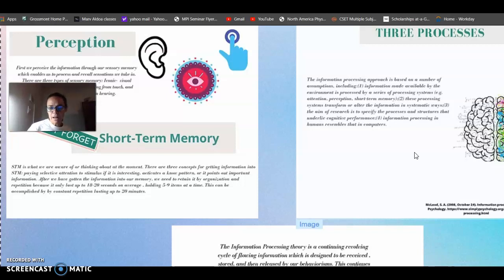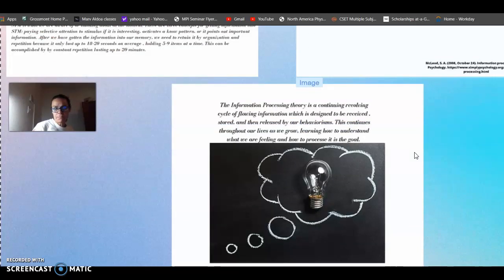Our brains are the same concept. Information processing is a theory of the continually revolving, cycling and flowing of information in your brain. This is done over and over, and then it is stored and then released by our behaviors, how we act.